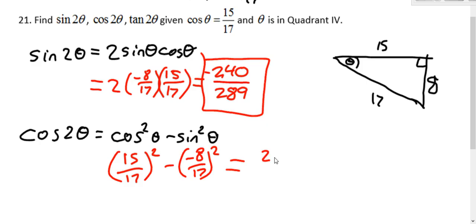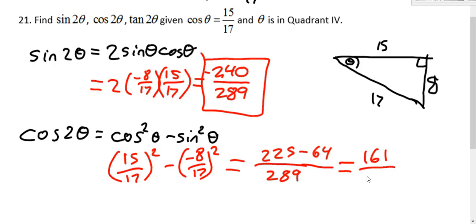So that's 225 over 289 minus 64, also over 289, which is 161 over 289.